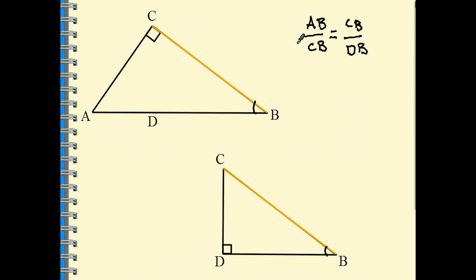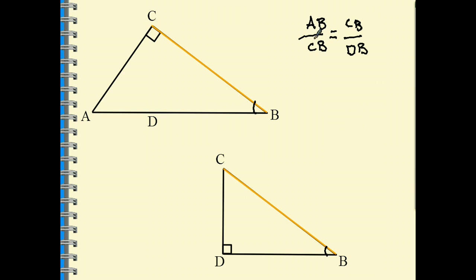Now, once again, let's take a look at that. AB, the hypotenuse, is going to be over the hypotenuse of the medium triangle, so that's CB. So those correspond. And then CB on the big triangle is the longer leg, and the longer leg of the medium triangle is DB.